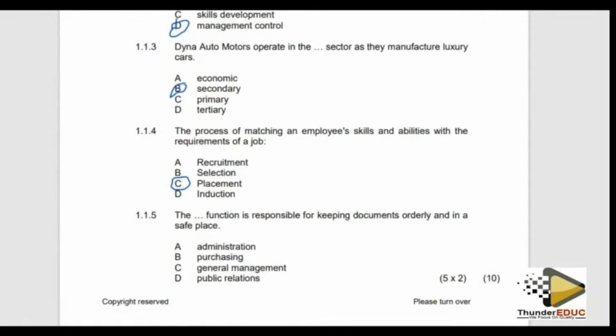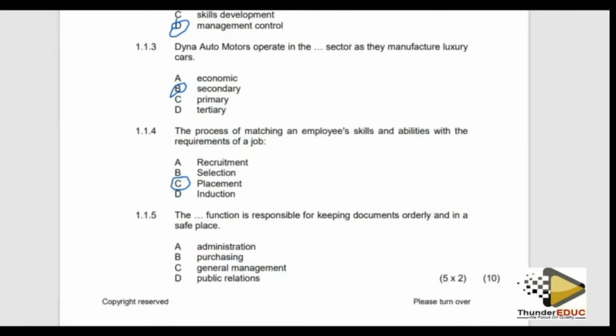So now we also have D, which is public relations. This one of public relations is the department in a company that makes sure that they release presses to the public. They make sure that they improve the relationship between the company as well as the society where the company is operating in or from.